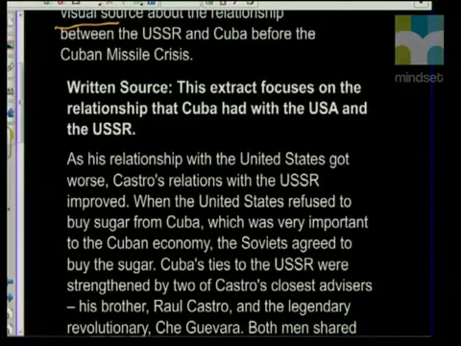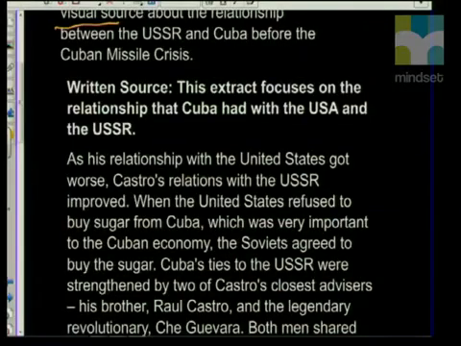So again, you need to read the caption. Reading captions is very, very important in history because the captions tell you what the source is about, so that when you go to reading the question, the source, you know exactly what it's about. So let's read the caption for the written source.